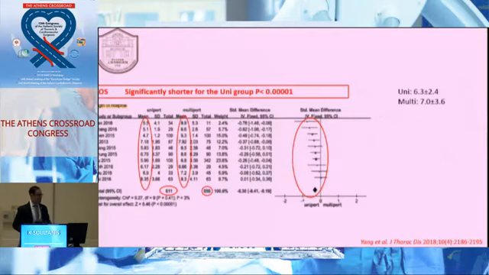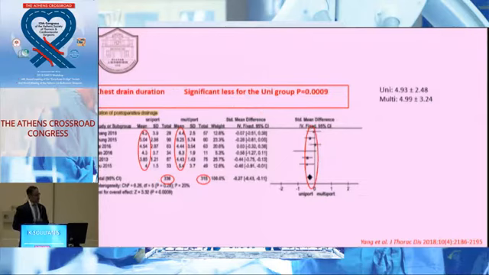In terms of length of stay, again, it seems that the uniportal VATS technique is more advantageous compared to the multiportal VATS techniques. As you can see in the forest plot, almost all the studies included favor the uniportal technique.